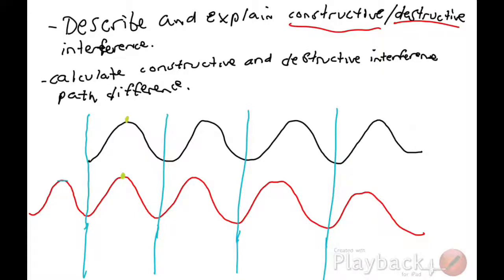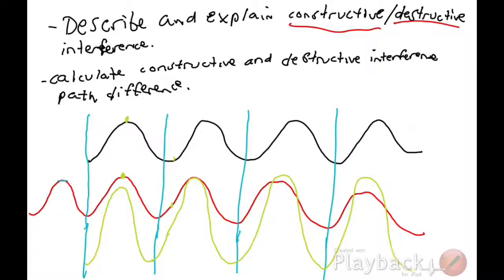So those two waves would add together to make a larger, steeper wave. In fact, the sum of those two points would go there. Once again, we get some really steep waves. This would be constructive interference, meaning that those two waves line up perfectly.